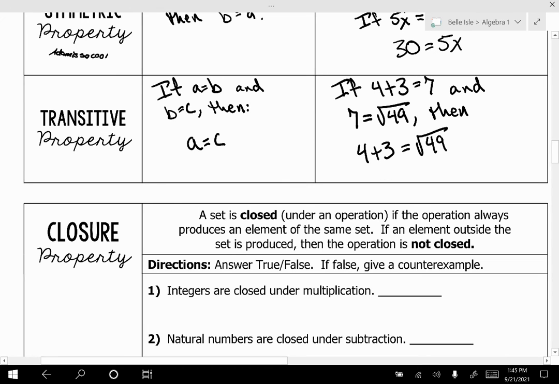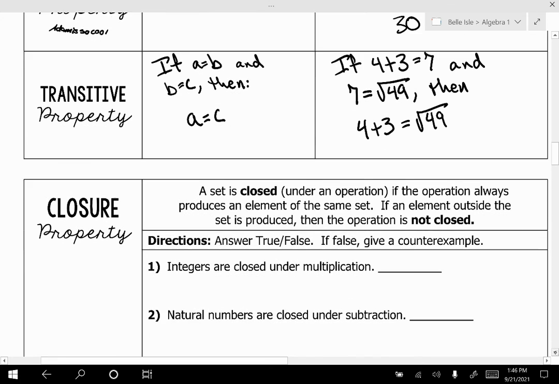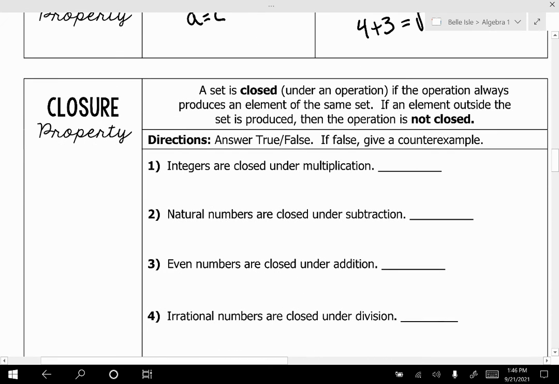If an element outside the set is produced, the operation is not closed. It's common sense.